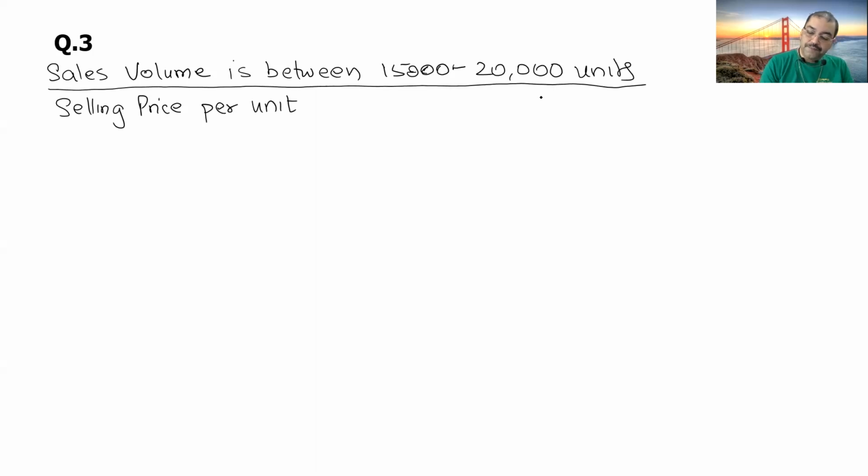Selling price per unit is 20. Variable cost per unit, if it is less than 20,000, it will be 16.5.